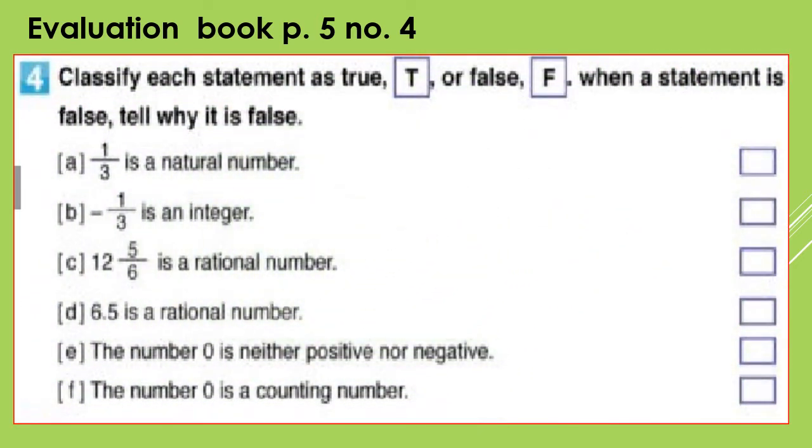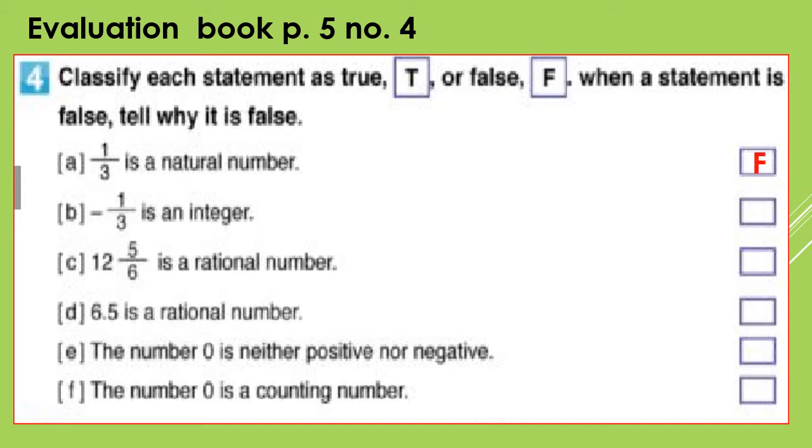From your book, page 5, number 4, take this evaluation. Classify each statement as true or false. When a statement is false, tell why it's false. Letter A, 1 over 3 is a natural number. False.